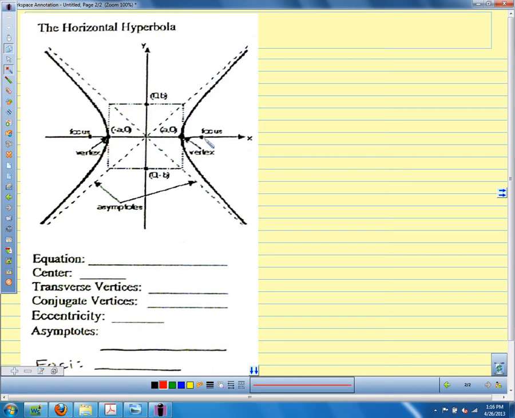We have a focus inside each branch of the hyperbola. We have a vertex for each branch of the hyperbola. And we have a center for the hyperbola. The center is halfway between the two vertices, halfway between the two foci. So this is our center.